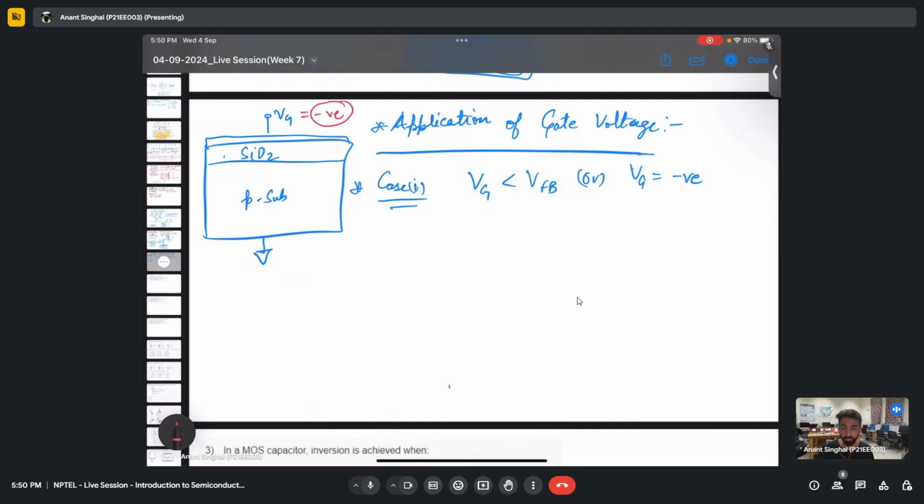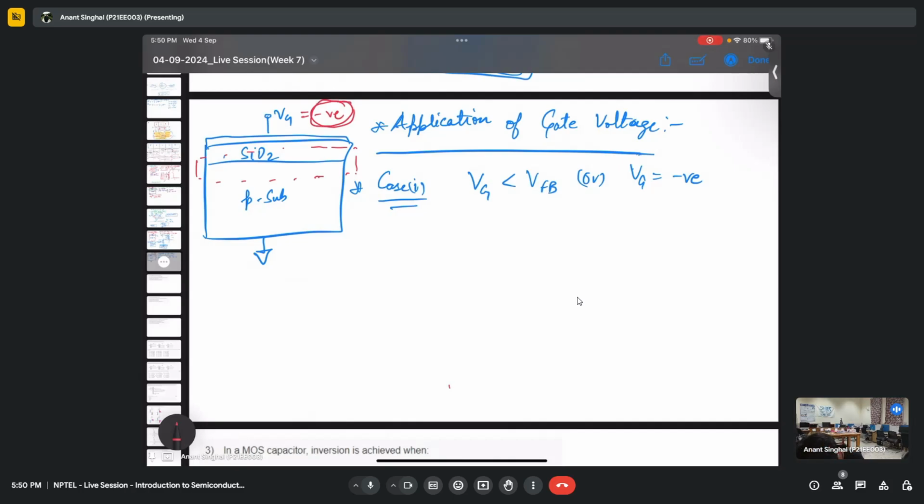Can anyone tell what could happen at the interface if I apply a negative voltage? Majority holes would be attracted towards the interface. Exactly, that is a very good answer.